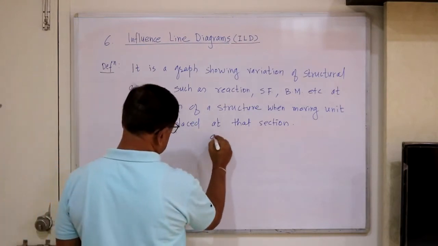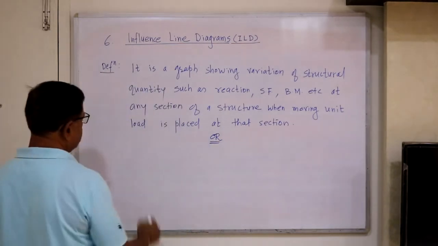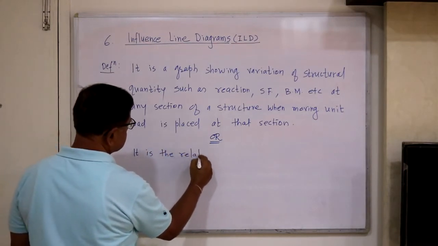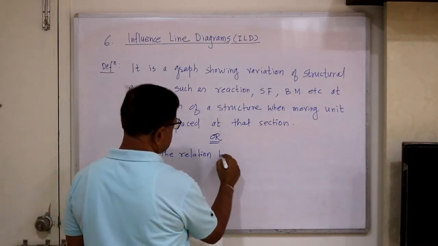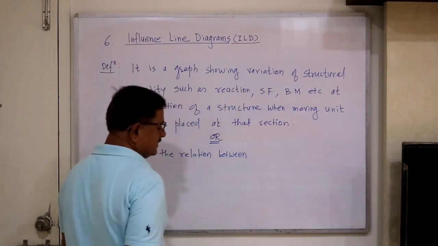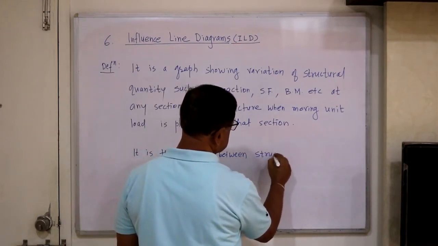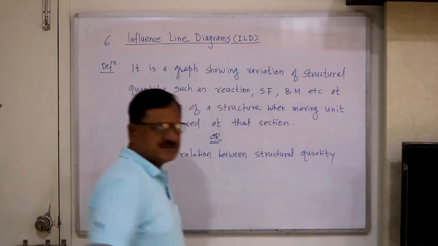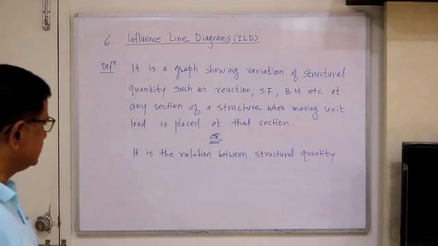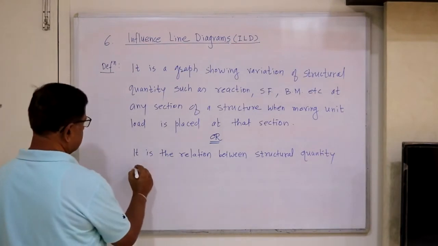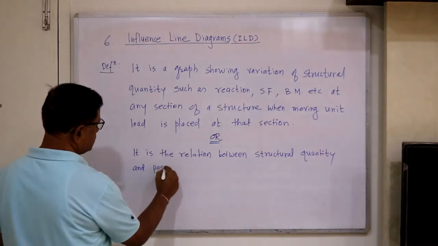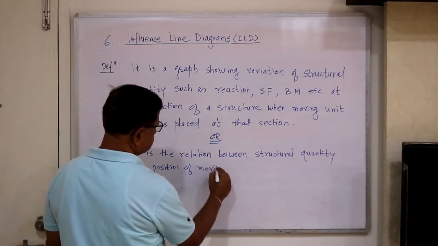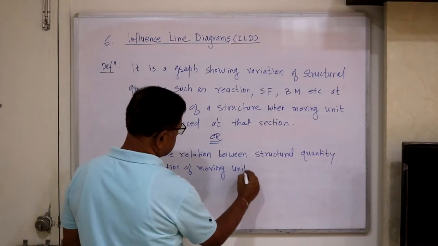There is an alternate definition also, or we can define alternatively: it is the relation between structural quantity, such as reaction, shear force, bending moment, etc., and position of moving unit load.